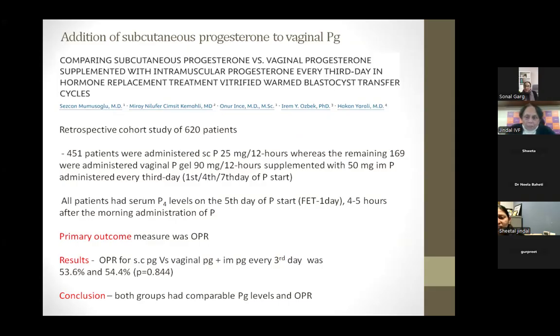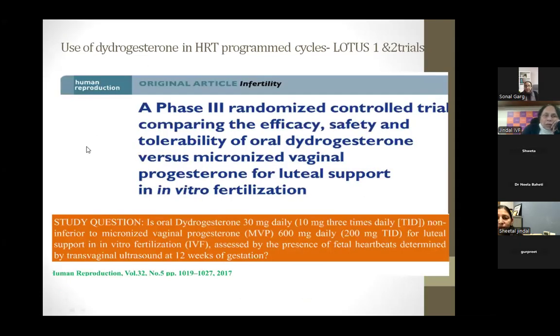Most of these results have said that if you use intramuscular progesterone, either with subcutaneous or with vaginal progesterone every third day, the progesterone levels became comparable, and it definitely resulted in an improved ongoing pregnancy rate. And I especially want to describe dydrogesterone. So in a nutshell, if you are using only vaginal progesterone, it is always a good idea to add an additional route of progesterone so that serum progesterone levels are sufficient.